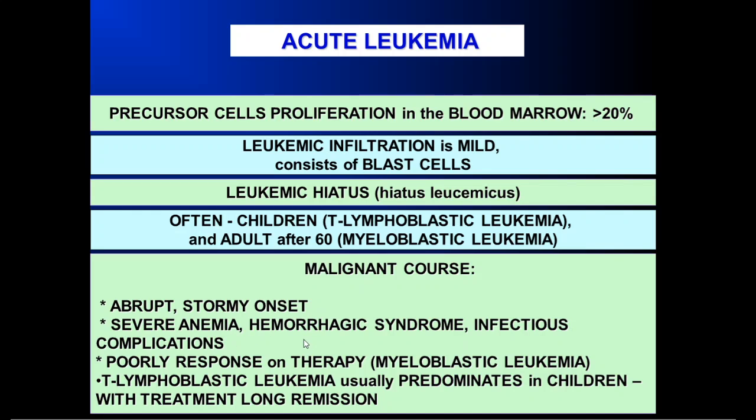So, severe anemia, hemorrhagic syndrome, and that's why we have infectious complications. Poor response to therapy is a feature for myeloblastic leukemia, and that's why it's really important to differentiate: is it acute lymphoblastic leukemia or acute myeloblastic leukemia? Because T lymphoblastic leukemia actually has a good response to therapy. That's why it's really important to differentiate them.